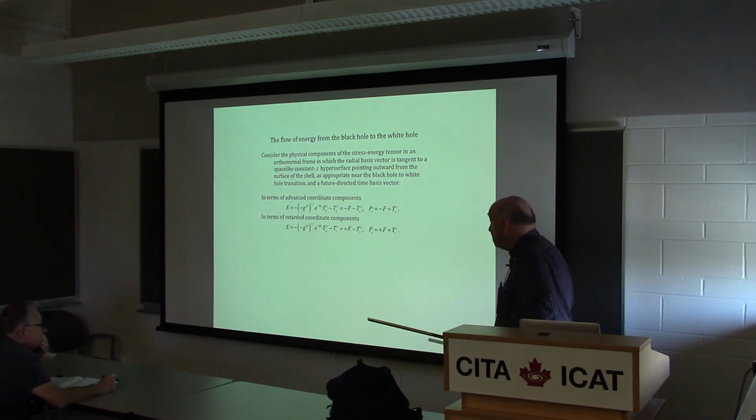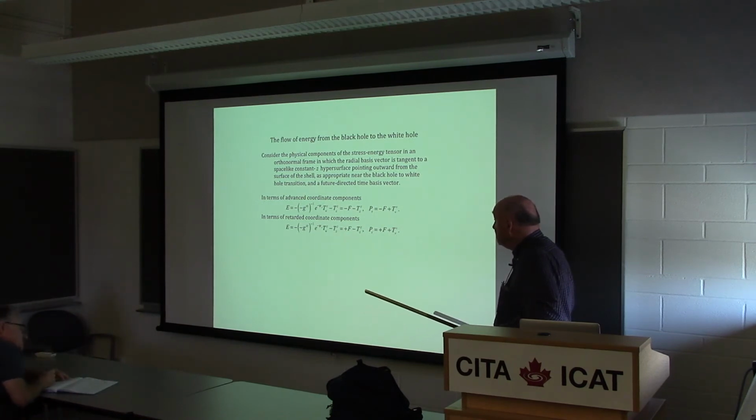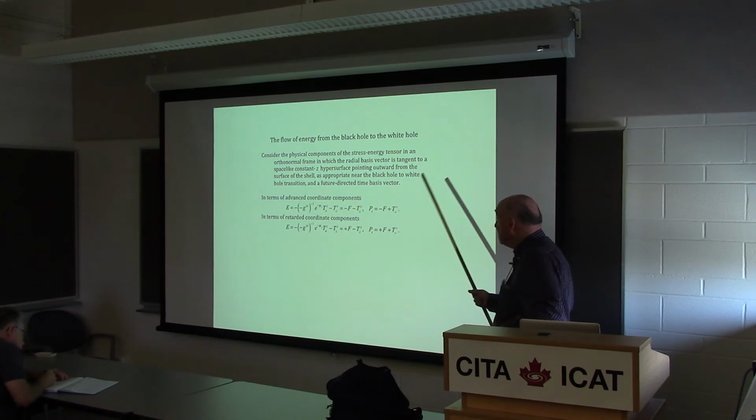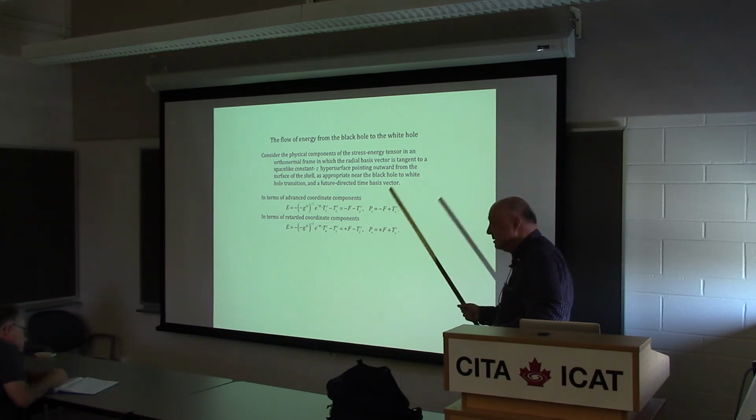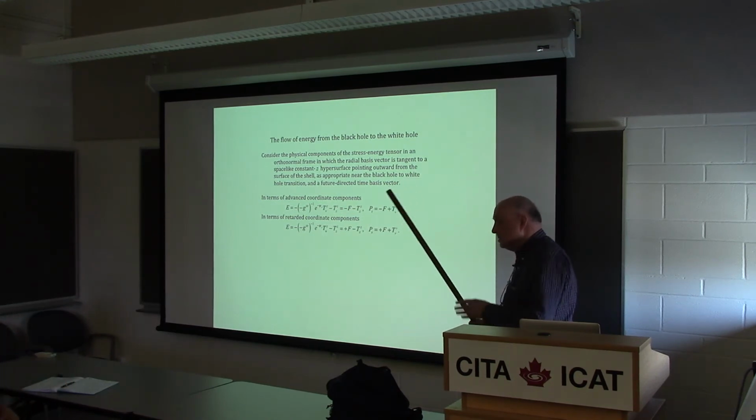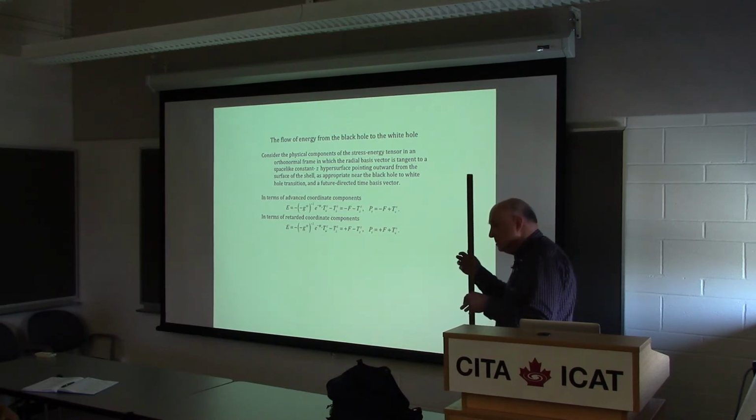Now, how does the energy flow from the black hole to the white hole? One way to look at that is to consider the physical components of the stress-energy by projecting it onto an orthonormal frame. Instead of coordinate components, you want to talk about components in a local Lorentz frame.